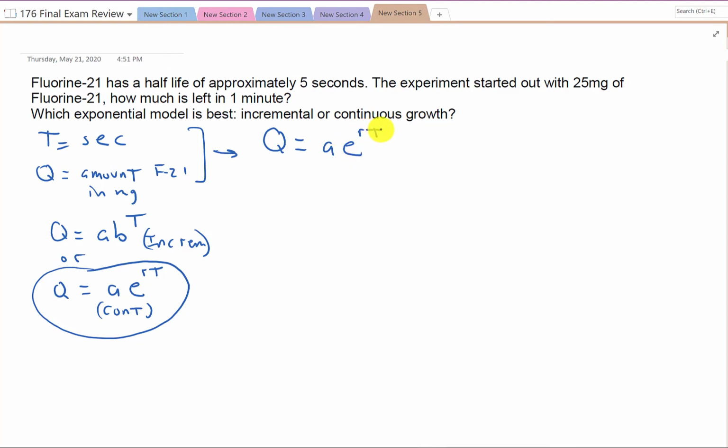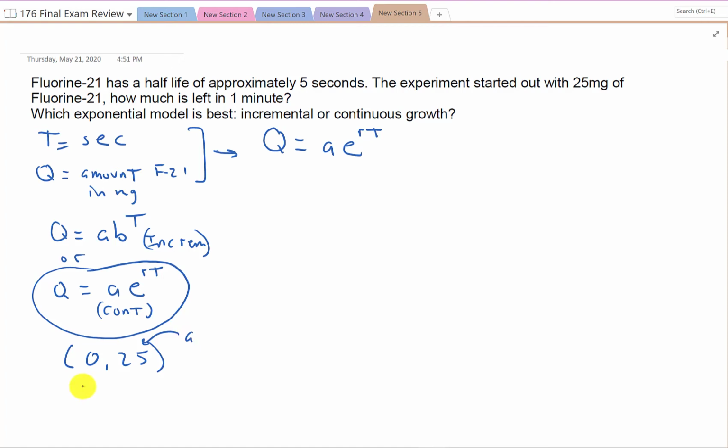Now we do not know a and we do not know r yet, so we're going to have to figure out our model. But fortunately, we do have a few clues because the experiment started with 25 milligrams. So right there's my a number. And half-life.